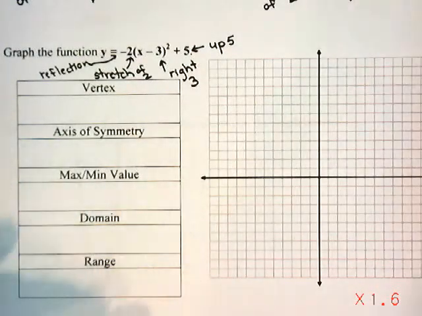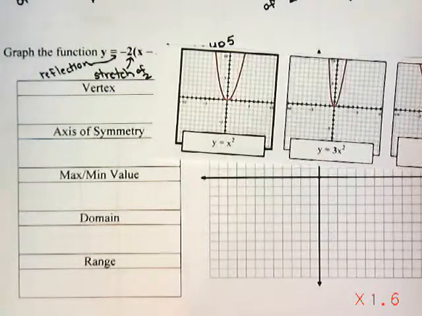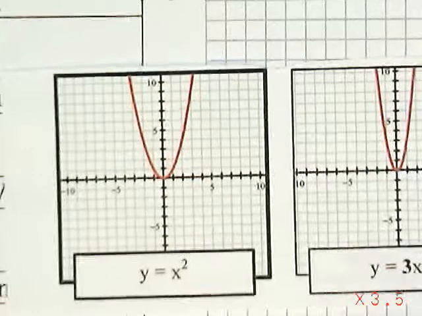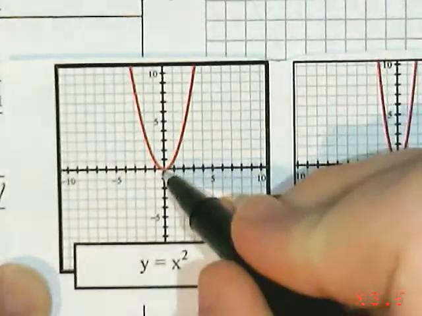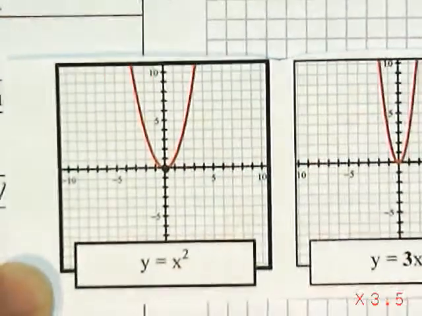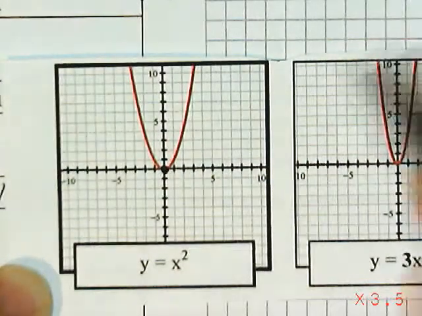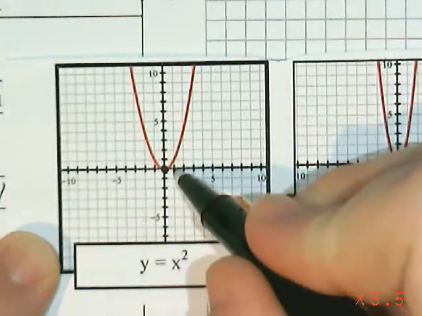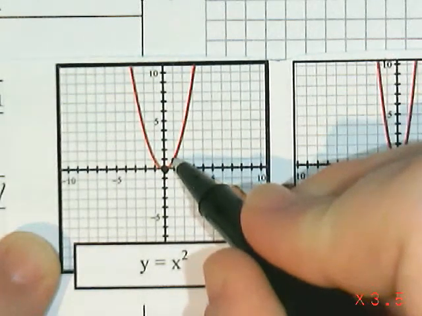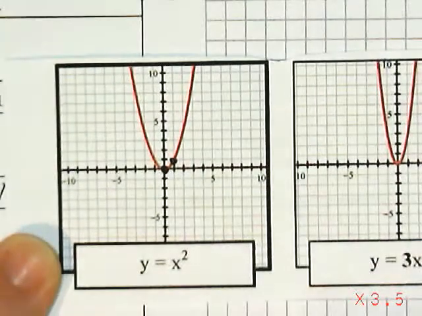Now if I flip back to that investigation and zoom in a little at the parabola y equals x squared. A basic parabola y equals x squared has its vertex at 0, 0. And then to get to the next point, there's actually an interesting little pattern. If I go up 1 and over 1, I end up at the next point.